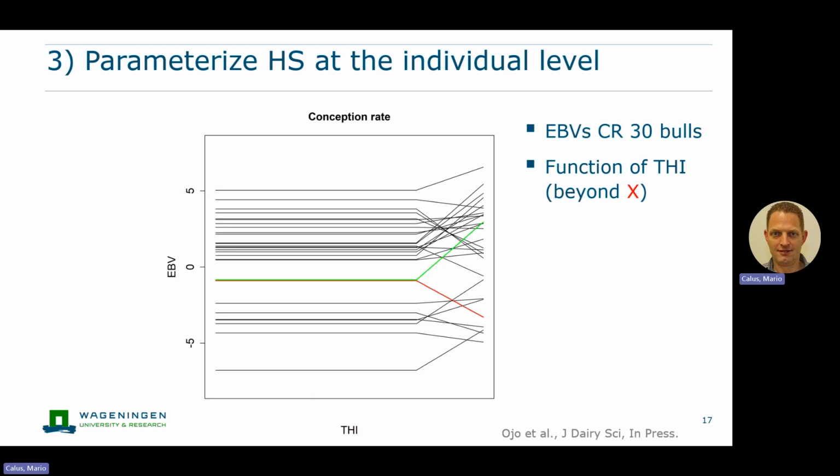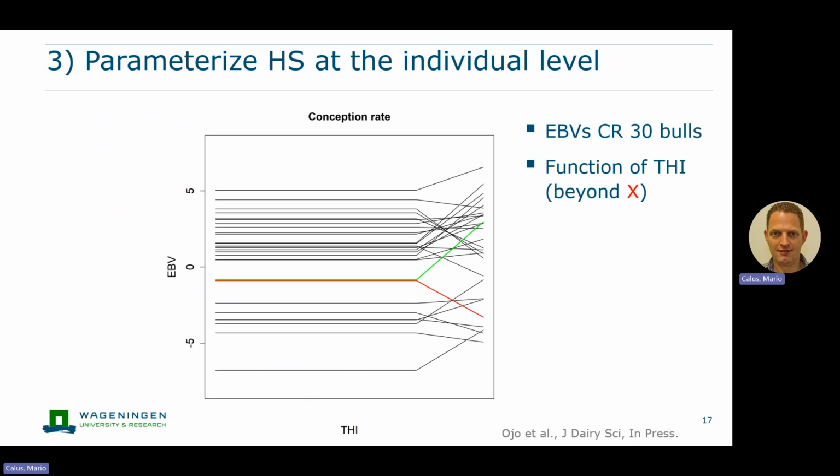Within a certain bandwidth of the breeding value they do re-rank, but the best one here is still the best one regardless of the THI, and the worst one is also almost the worst one regardless of the THI.